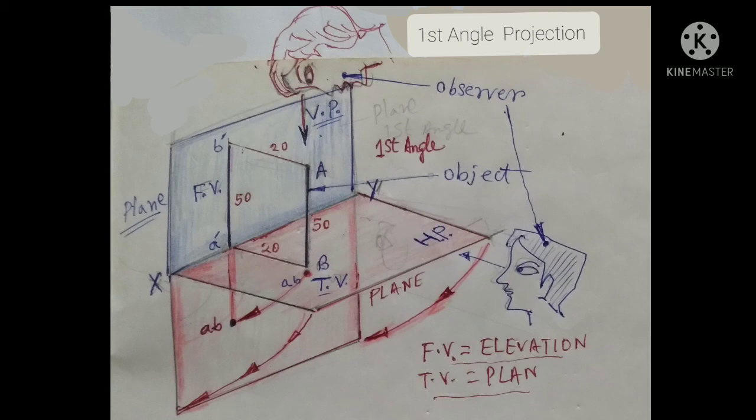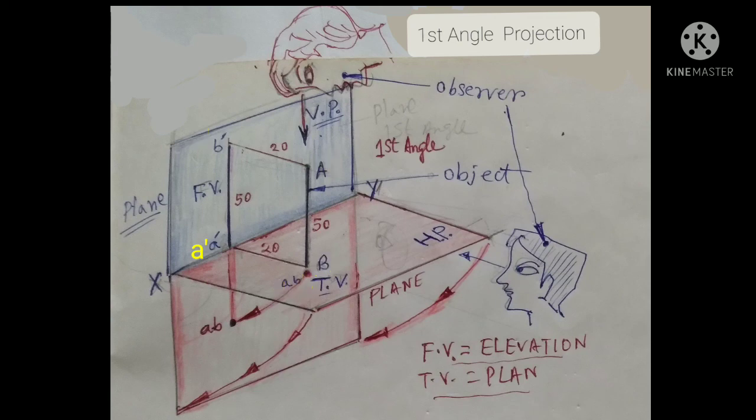Here another important thing is that we denote the original length by capital letters, just like AB, and the front view uses A dash B dash, and for the top view we use only small letters, just like ab.